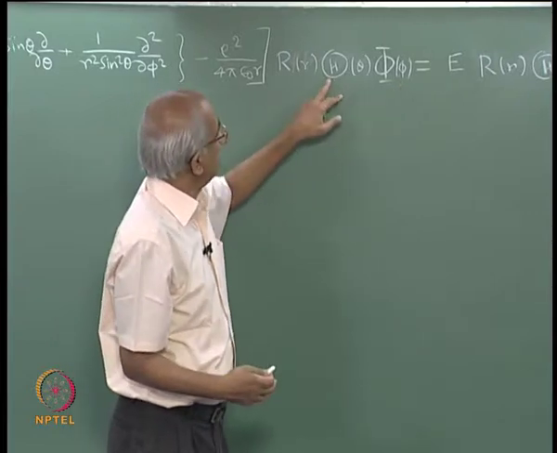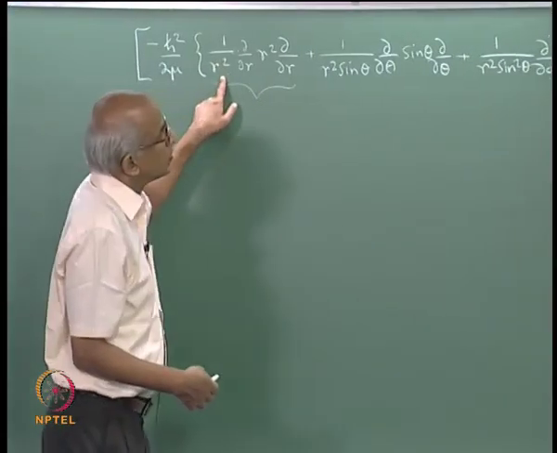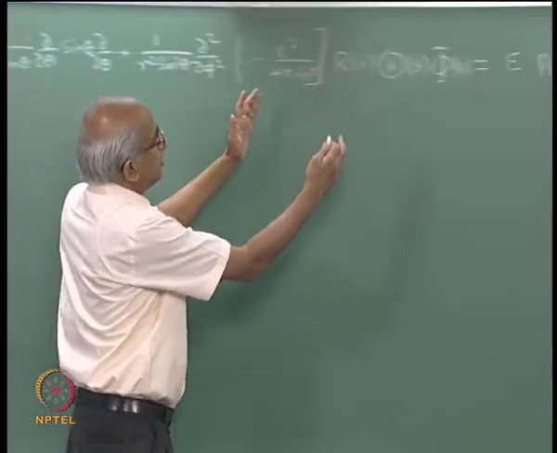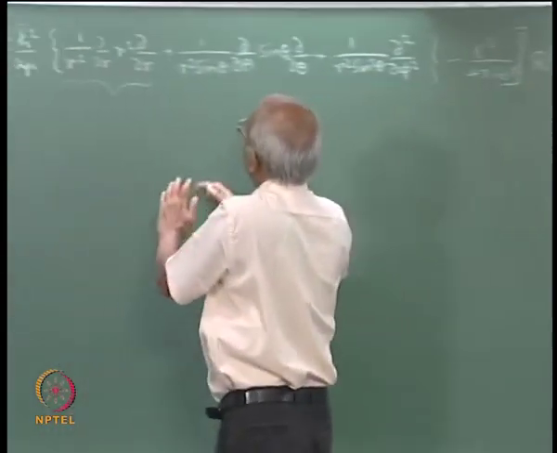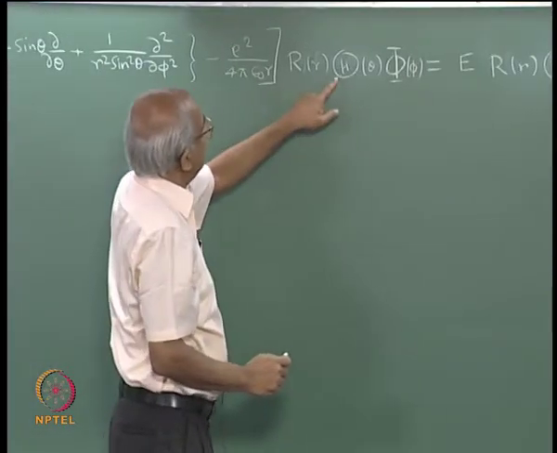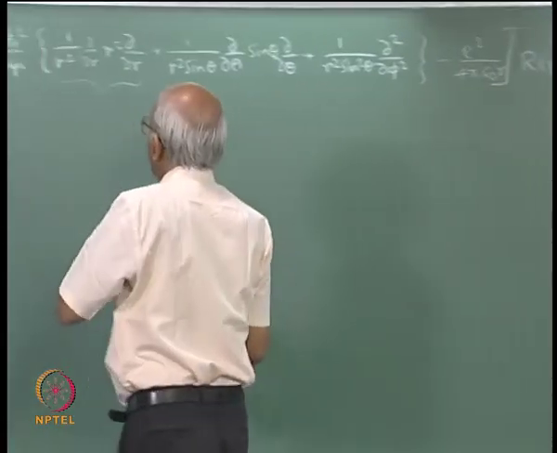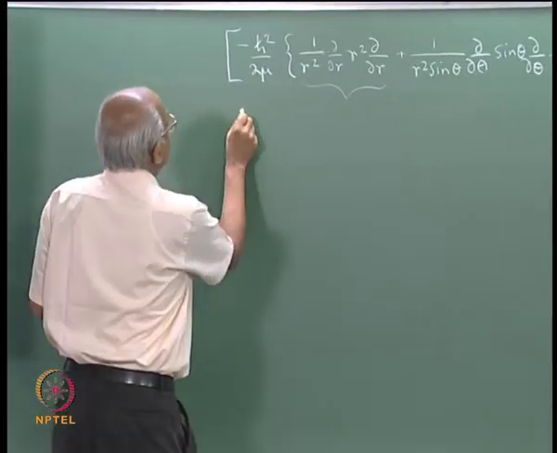Therefore, capital theta and capital phi will be unaffected by this operator. If I took this function inside, this operator will affect only capital R, not capital theta or capital phi, and therefore, let me write what the result is.